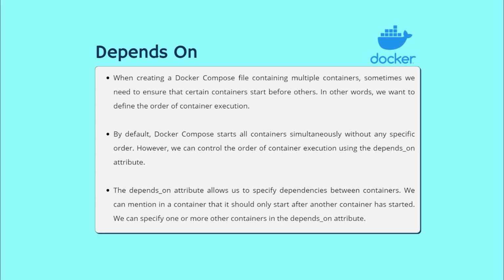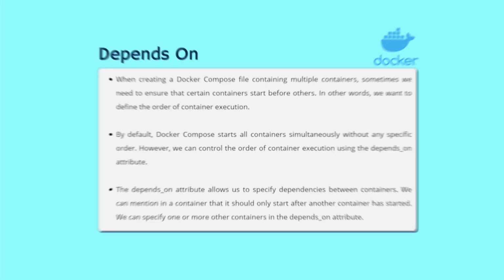However, we can control the order of container execution using the depends on attribute. The depends on attribute allows us to specify dependencies between containers. We can mention in a container that it should only start after another container has started. We can specify one or more other containers in the depends on attribute.